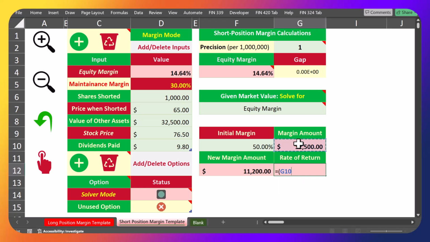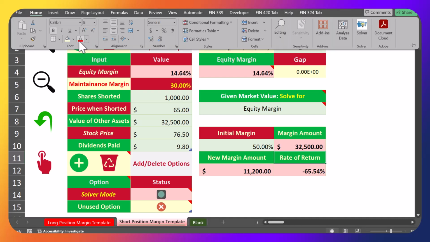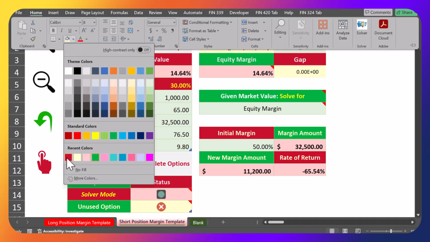So my original margin amount, which is my investment, minus, or the new margin amount minus the original margin amount, divided by the original margin amount. So I lost 65.54% of my investment. Let's make this color.